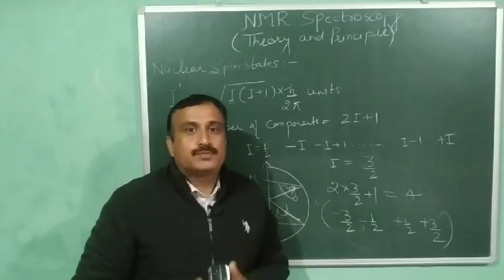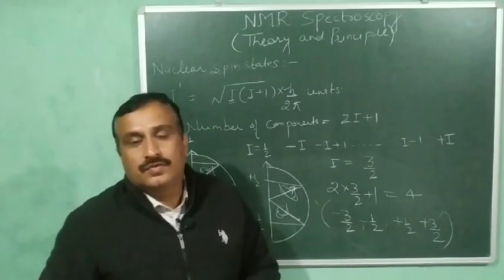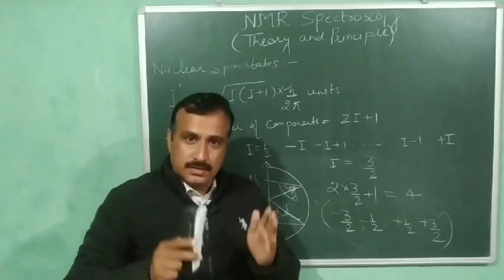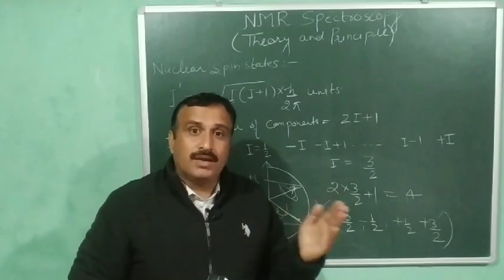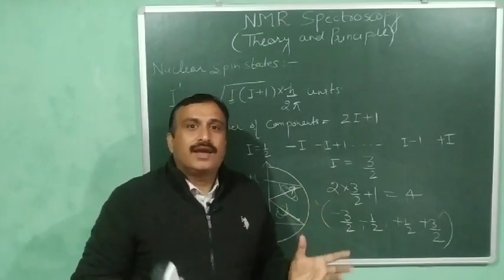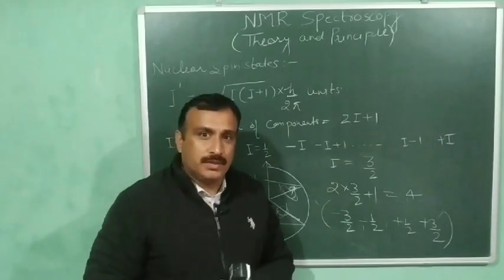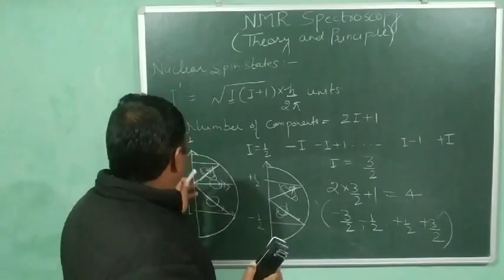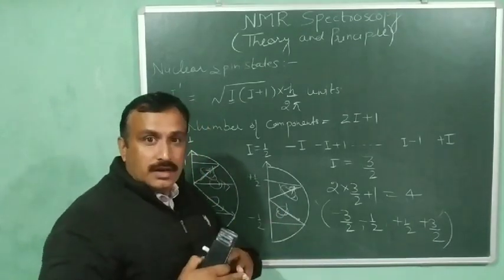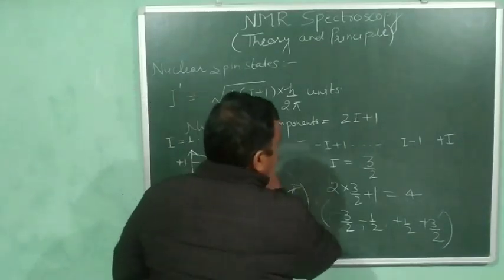Okay, so let us explain it with an example, and here I am taking the example of the hydrogen nucleus, the simplest nucleus which is magnetic or which behaves as a magnet because it contains only one proton, and this nucleus has magnetic property. So let us explain how the degeneracy of these nuclear spin states is lifted in the presence of an external magnetic field.